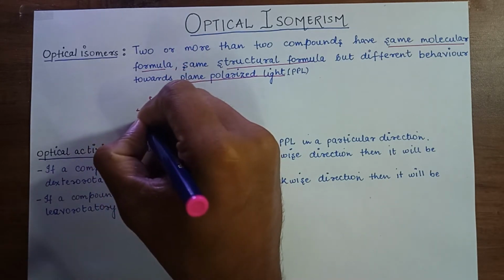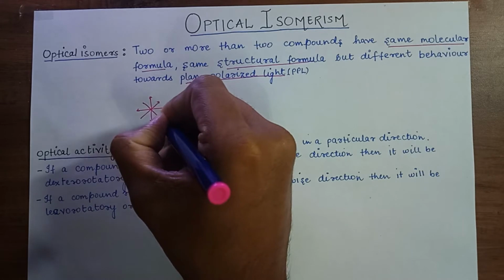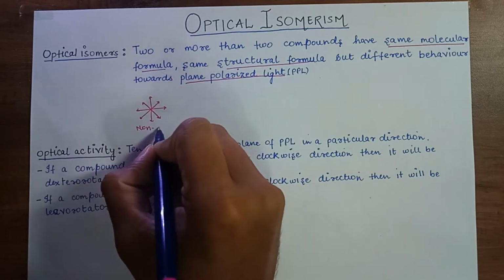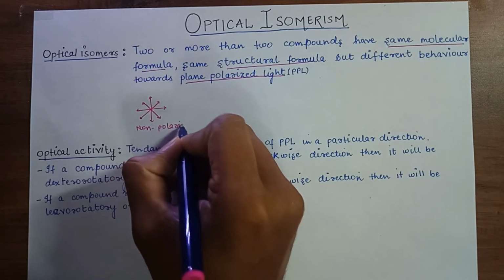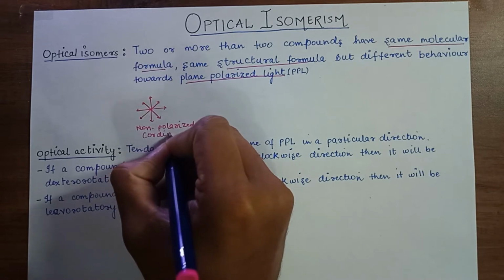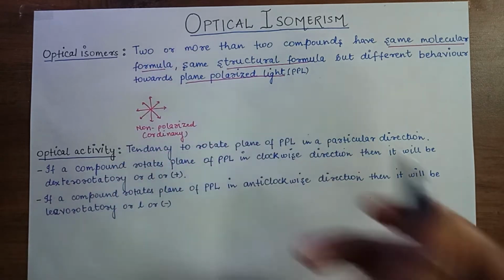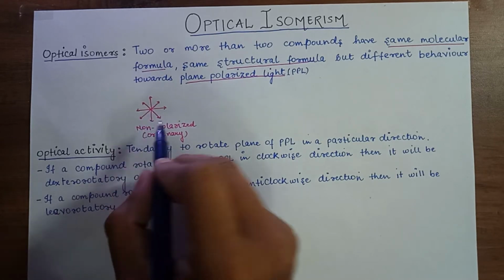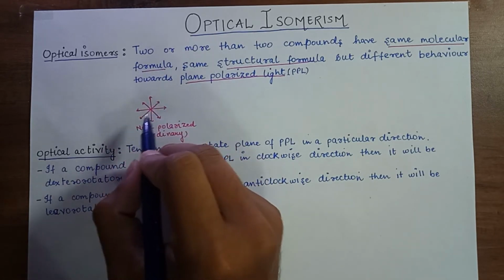In ordinary light, this is my non-polarized light, or we can say ordinary light, the electric field vectors are vibrating or oscillating in all possible directions.